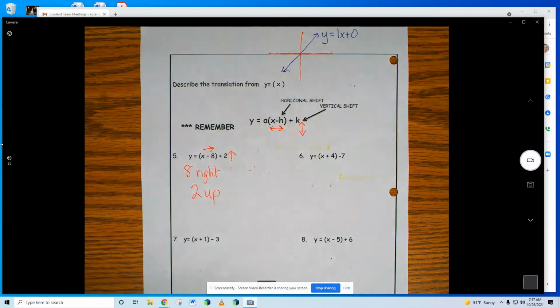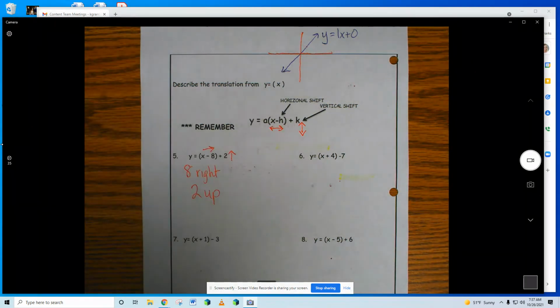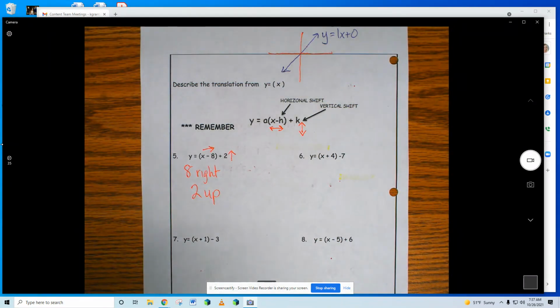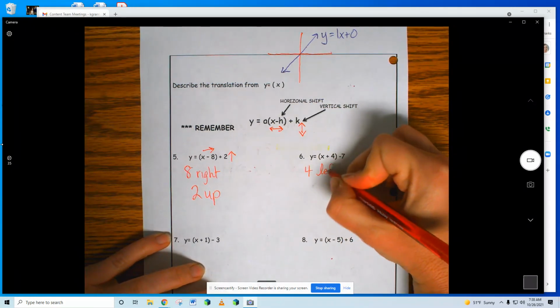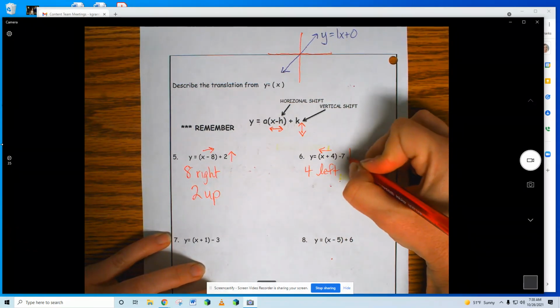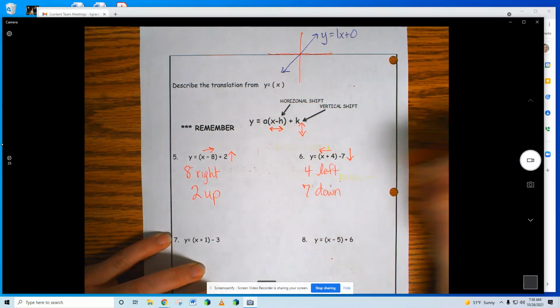Good job. Okay, number 6. 4 to the what and 7 to the what? Shiv. 4 left and 7 down. Good job.